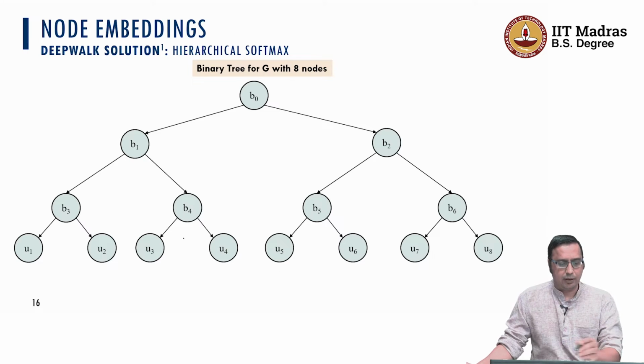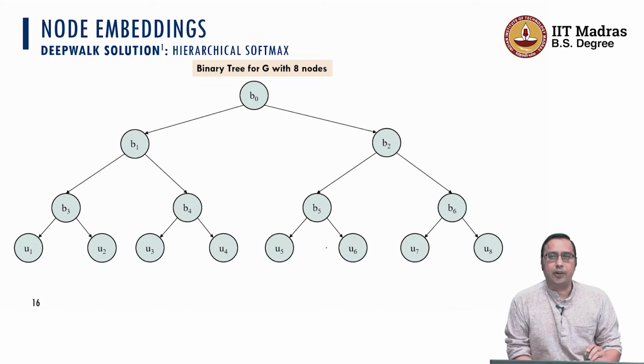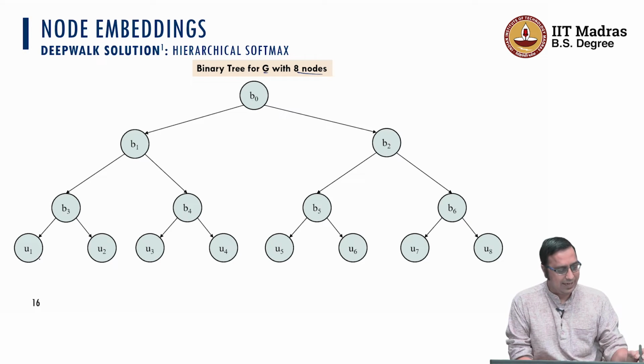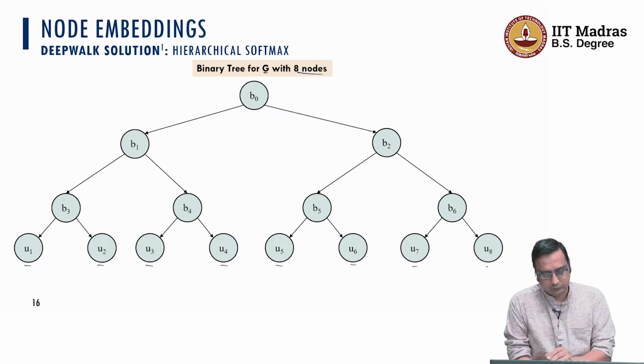So we constructed a tree for a graph with 8 nodes here, where the root node is B0, there is a set of intermediate nodes, and each leaf node is a node of my original graph G.